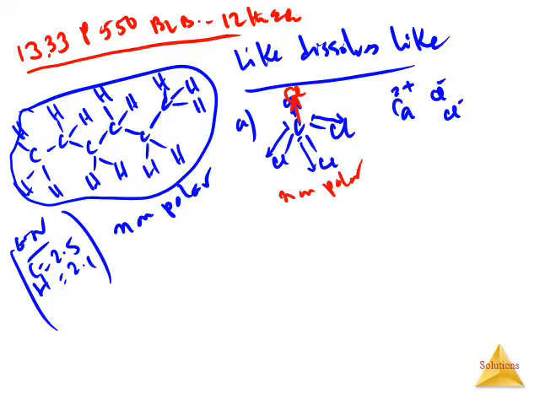And calcium chloride is ionic. Now let's apply like dissolves like. Non-polar would go in non-polar solvent. So carbon tetrachloride would be soluble in non-polar hexane. On the other hand, ionic calcium chloride will not be soluble in hexane.